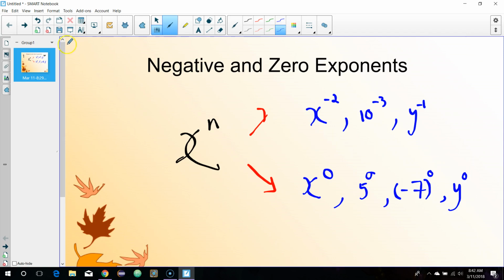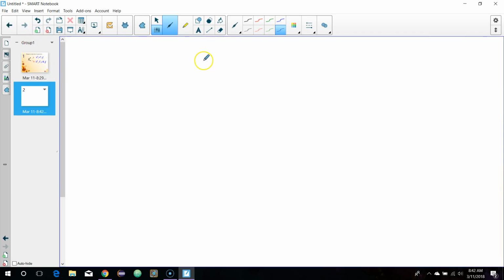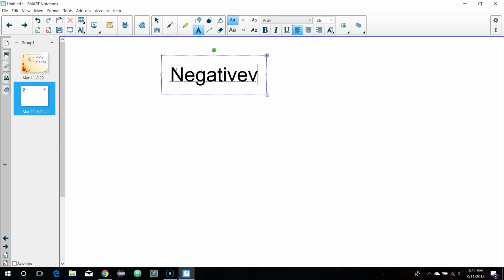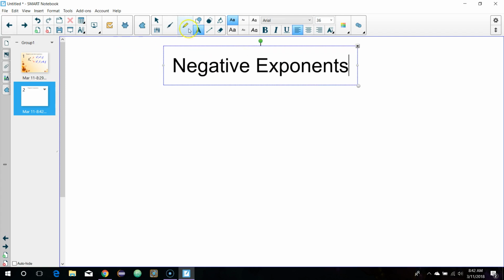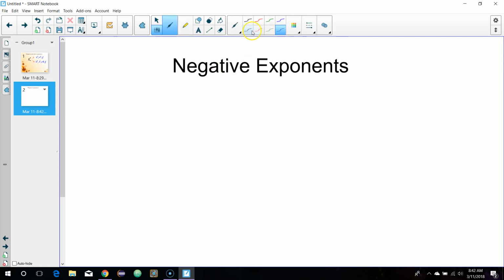So let's talk about the very first one, that is negative exponents. If you have a negative exponent, what you run into is something like this. Let's say it's x to the power of negative 2.